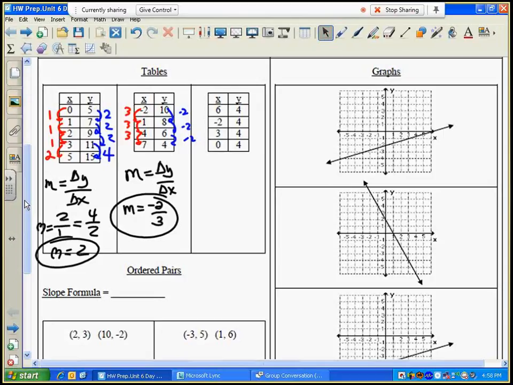All right, next one's a little tricky. Notice as you look down those y's, they're not changing. They're staying 4. So each one of these changes is 0. Okay, well, on the x, it's kind of jumping around a little bit. It goes down 8, up 5, down 3. So initially, by looking at those numbers, we would say there's no way this guy is going to be a line.